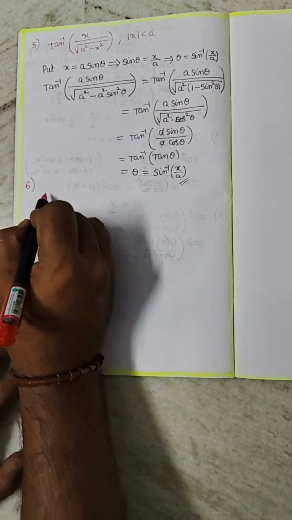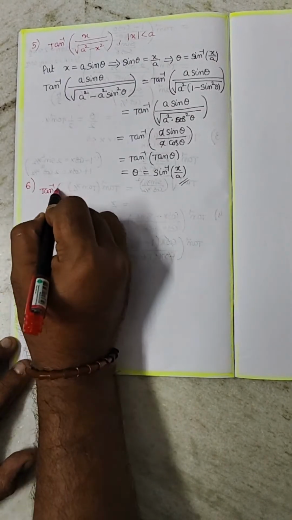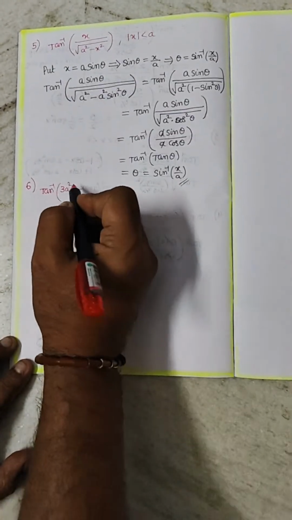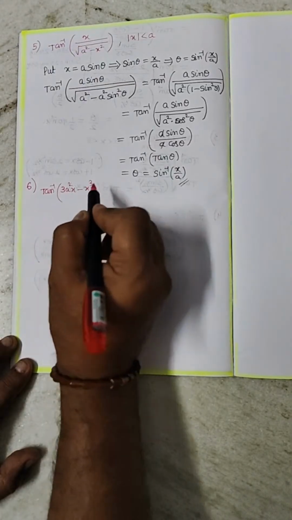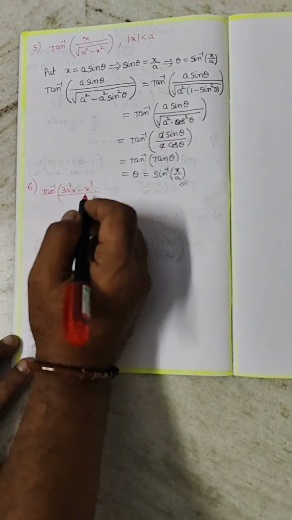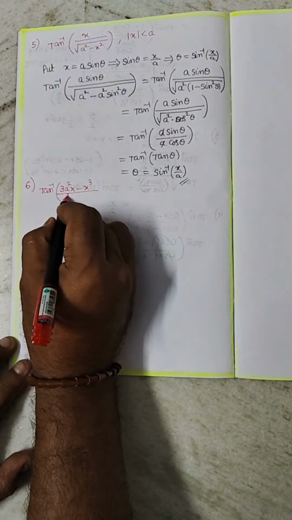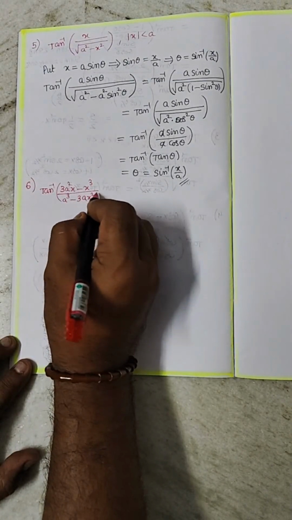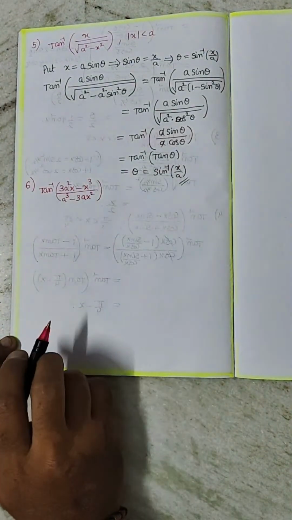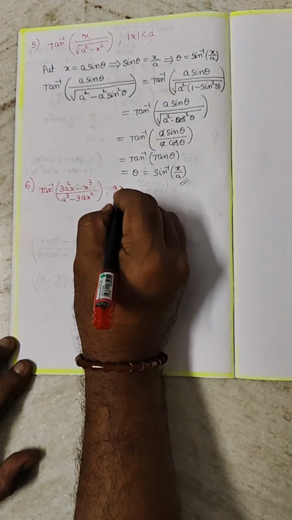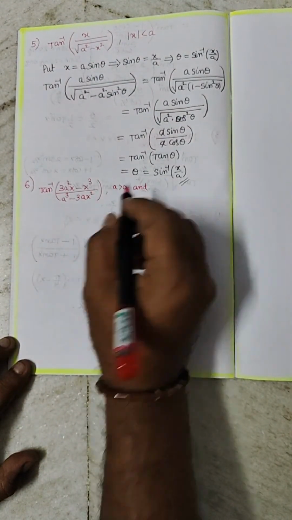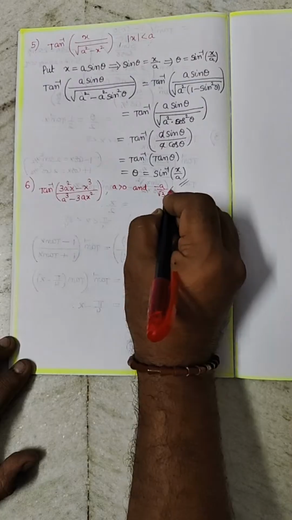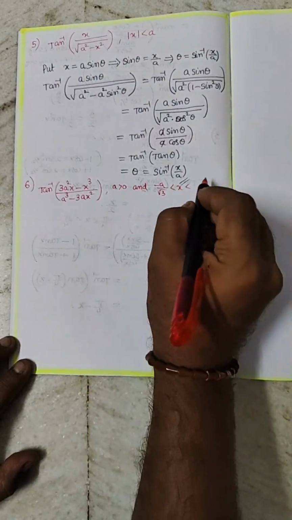What is the tan inverse of (3a square x minus x cube) whole divided by (a cube minus 3a x square)? Where a is greater than 0 and minus a by root 3 is less than x is less than a by root 3.